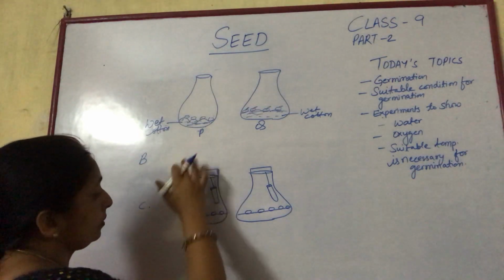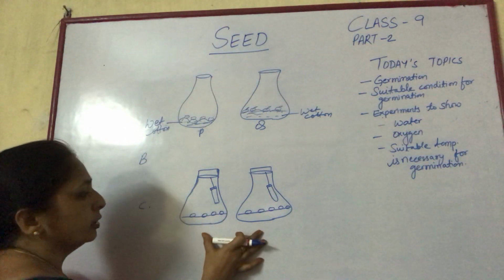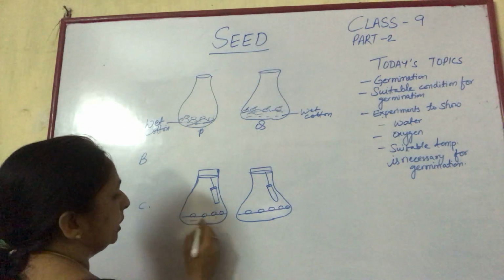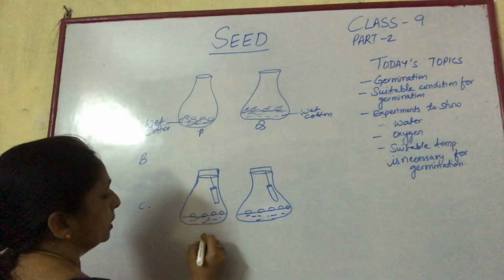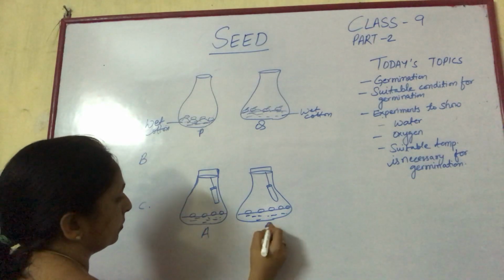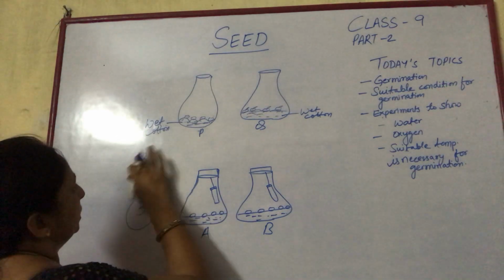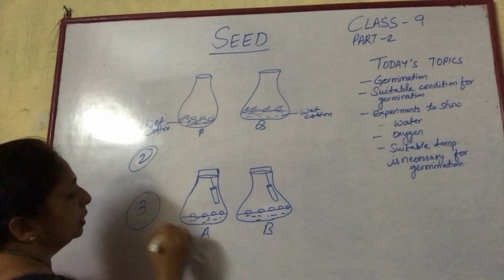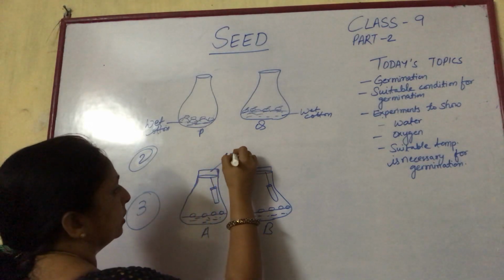Next, the third experiment. We have taken 2 conical flasks in which seeds are placed on wet cotton. In the third experiment, the conical flask is fitted with a cork.